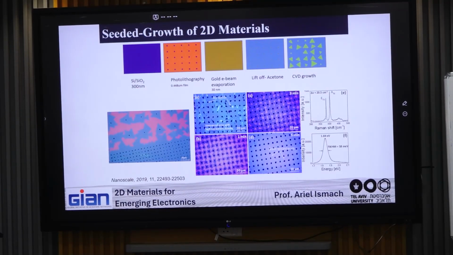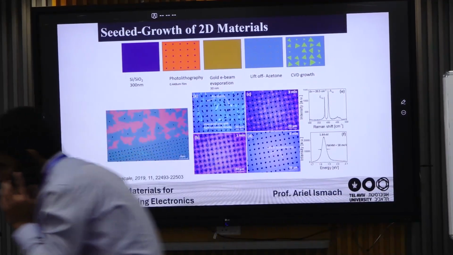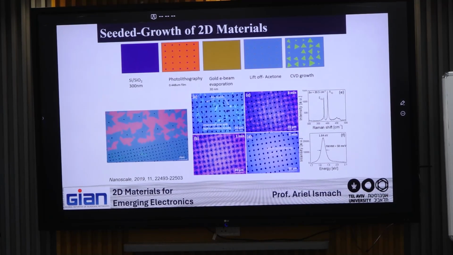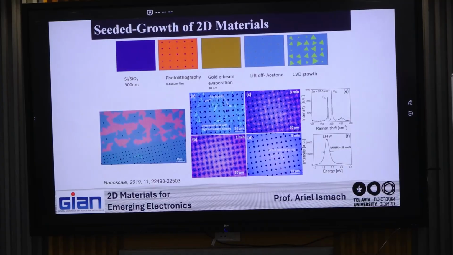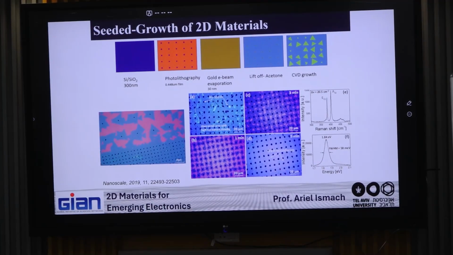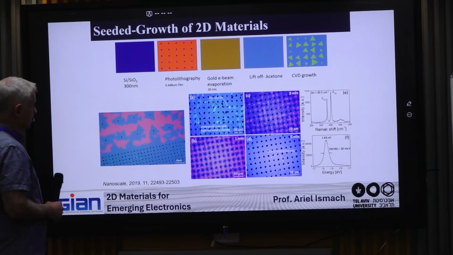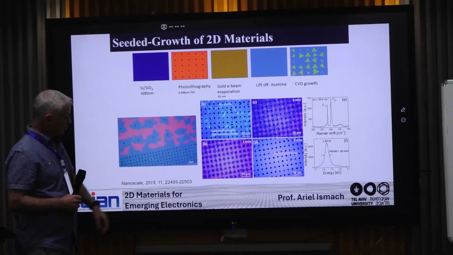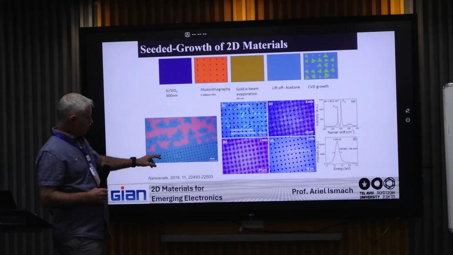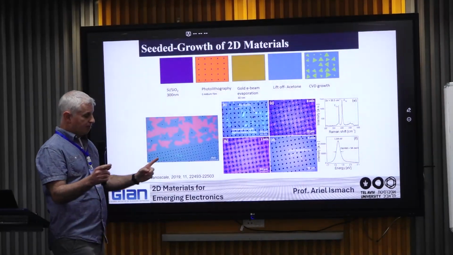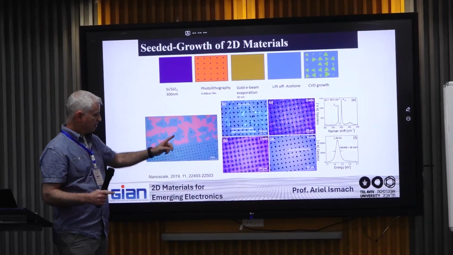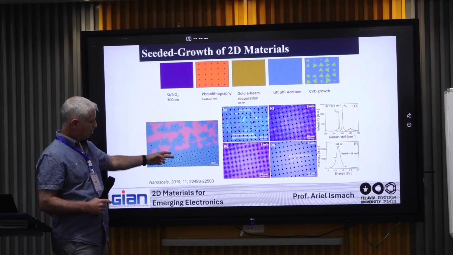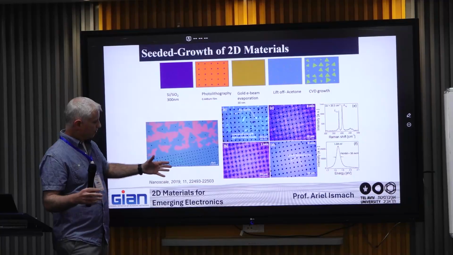So you can do the seeded growth in order to control the domain size, as you can see here. So what people did, and also we, is we use seeds, in this case of metals, that you can pattern with different pitches, different distances between them, and therefore allowing for crystal growth of a different size.